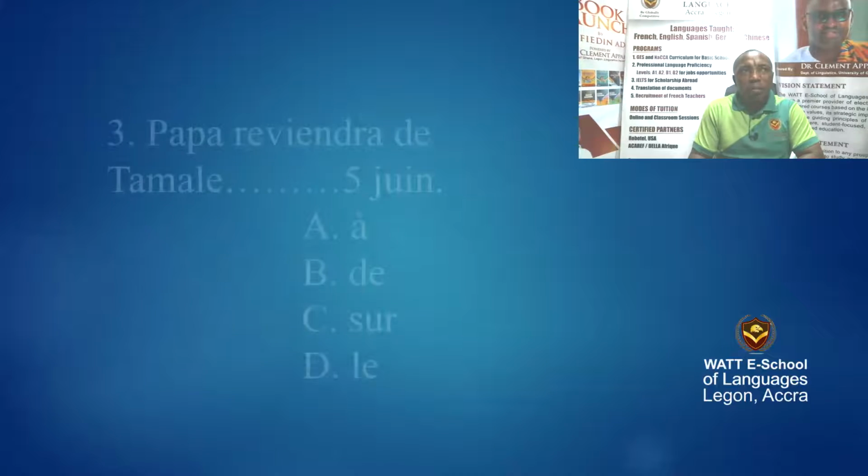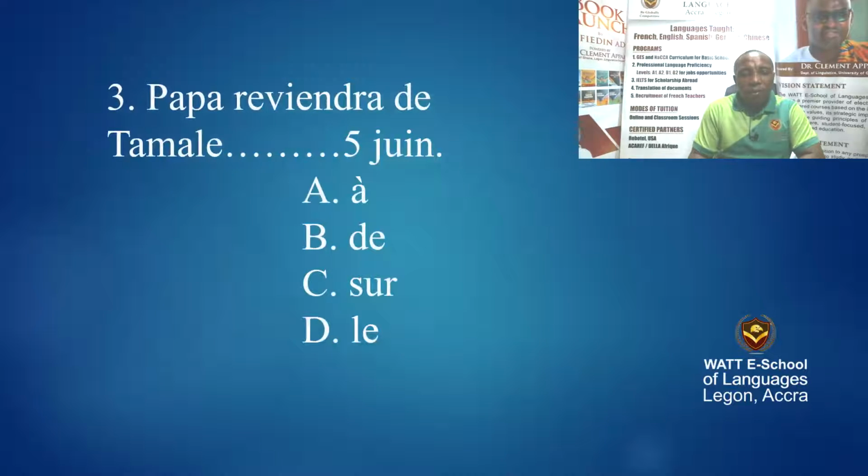Let's have a look at number 3. Papa reviendra de Tamale 5 juin. Here we are talking about a date. When we are mentioning the date, it's the same thing as when we are writing the date in your essay for the letter writing. After the noun, the location, before the number, there should be le.